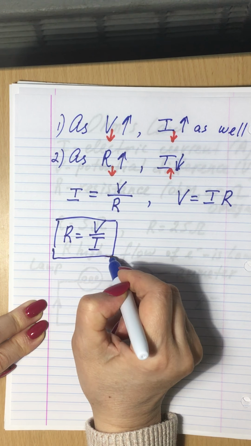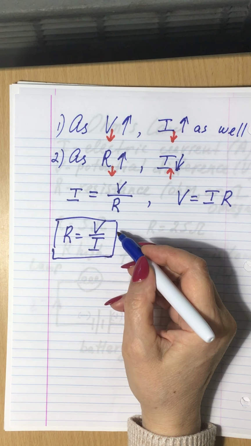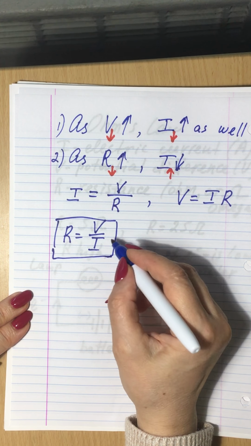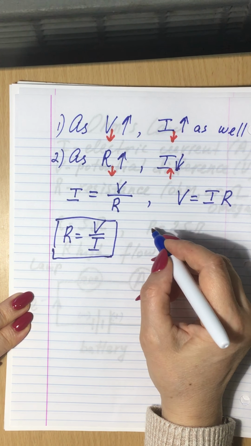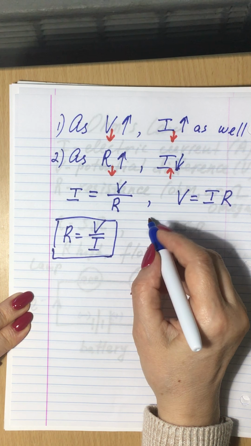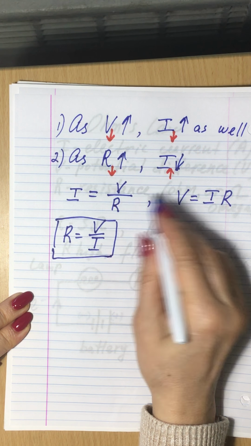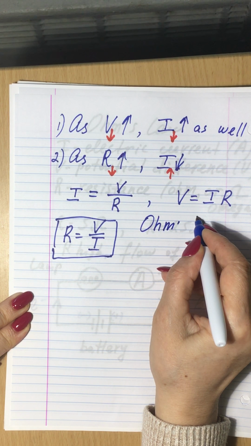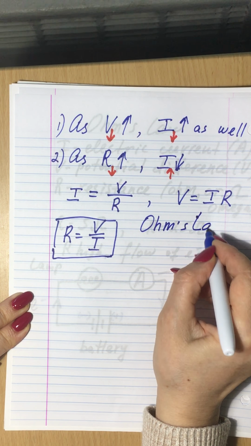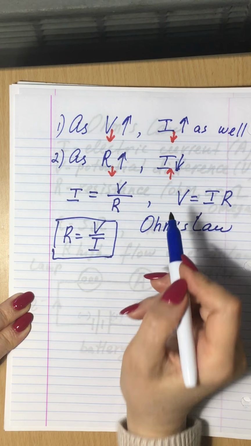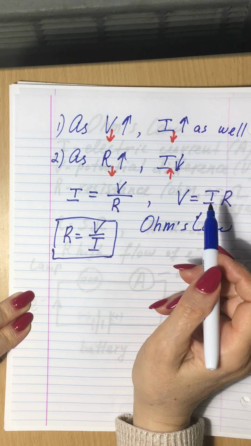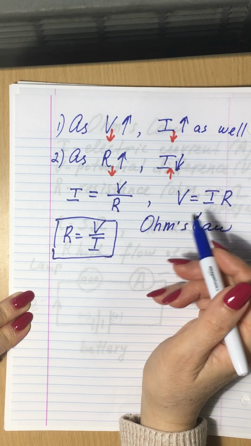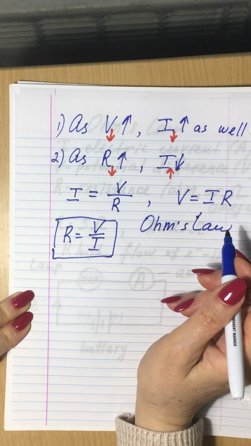This last form of this equation is in your reference table in the electricity box. So these equations are called Ohm's law. Okay. And when you look at them in any form, it's very difficult to understand what depends on what.